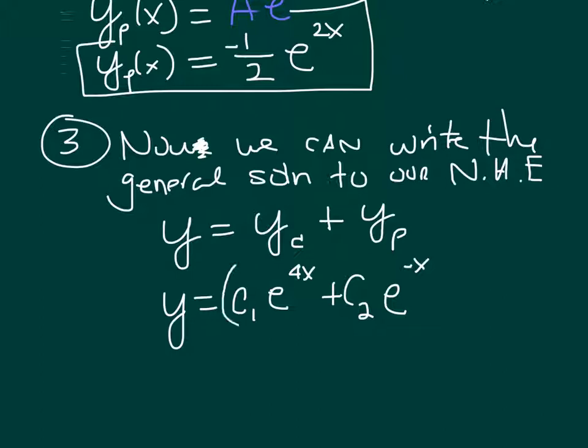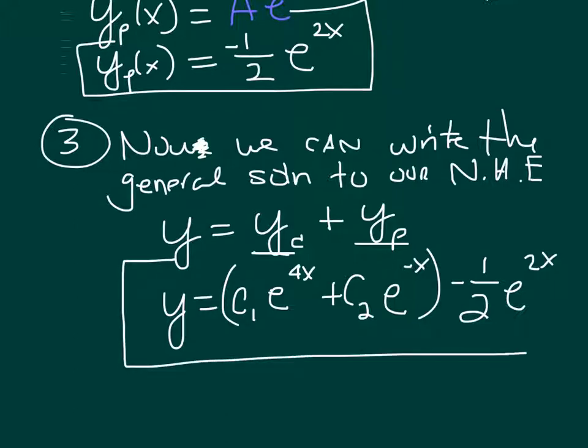If you want to put parentheses or not, plus our y sub p, which is -1/2 e to the 2x. So we found our y sub c and our y sub p. This is the final answer, the most general we can get.